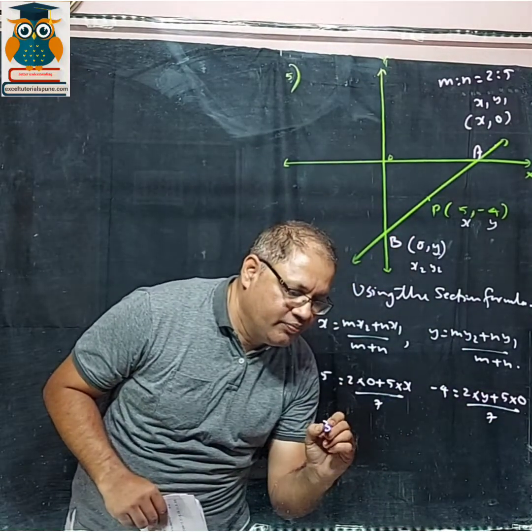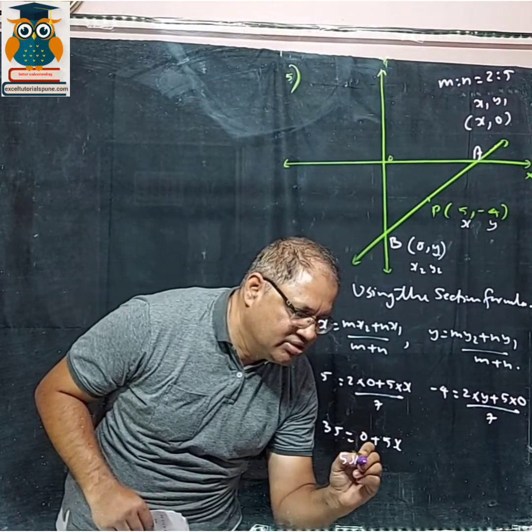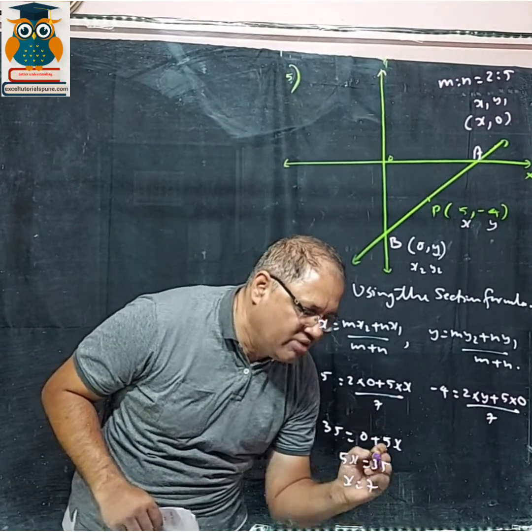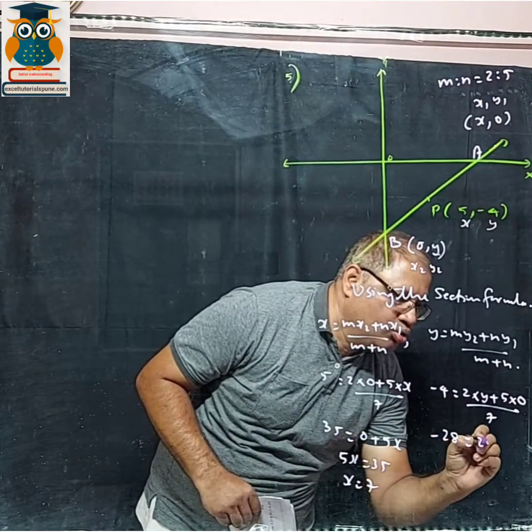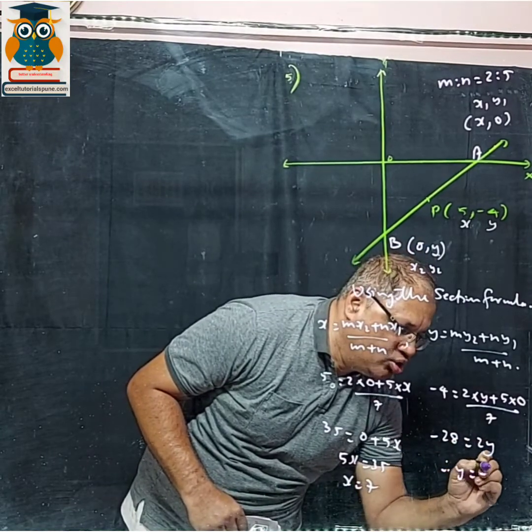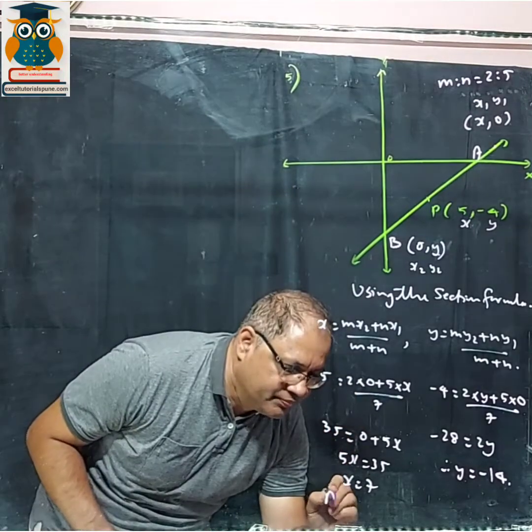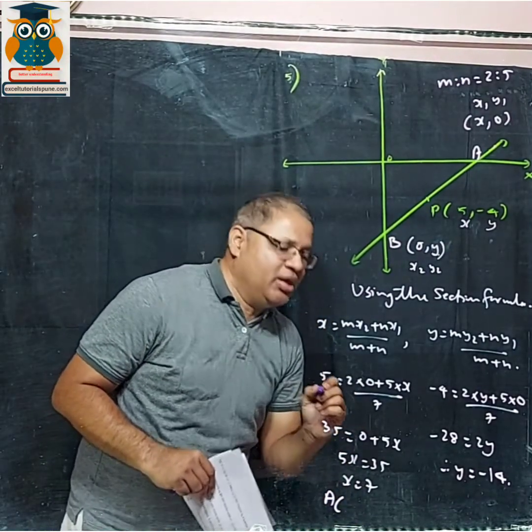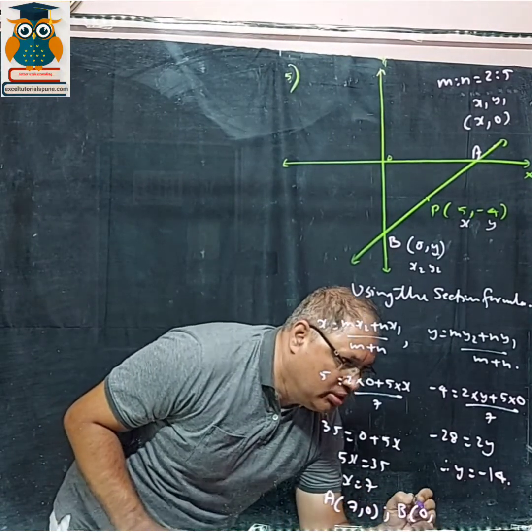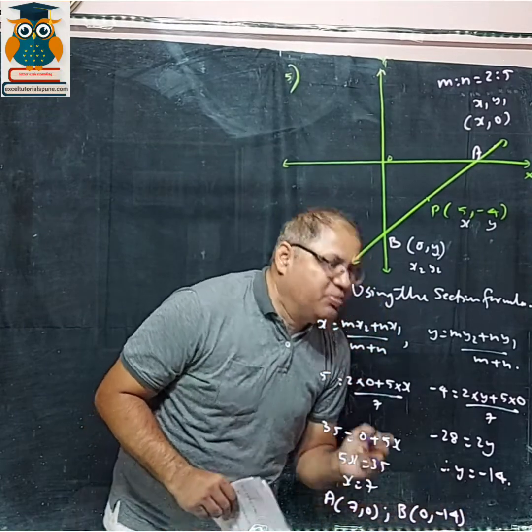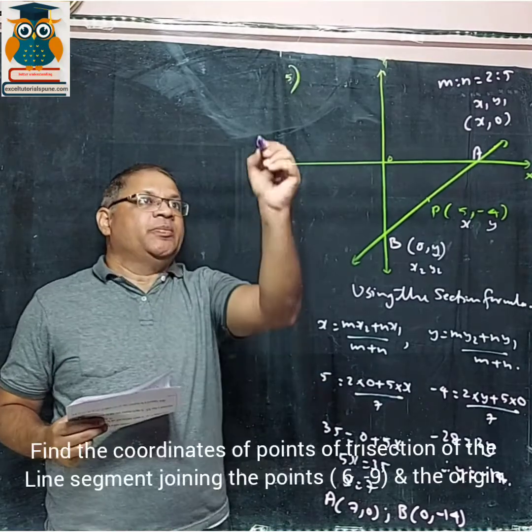Send 7 that side. So 5x is equal to 35, x is equal to 7. Then here minus 28 is equal to 2y. Therefore y is equal to minus 14. So then the coordinates of A will be 7, 0 and coordinates of B will be 0, minus 14 because B is on the y axis. So that's how we get the coordinates of A and B.